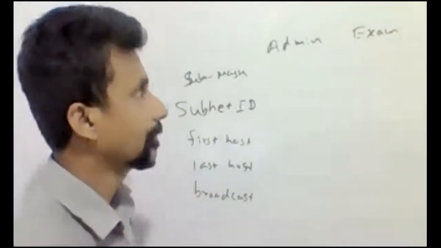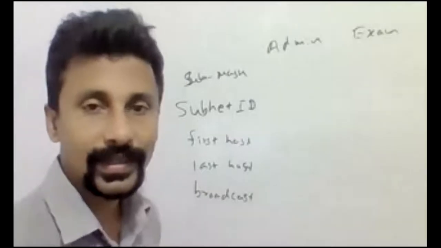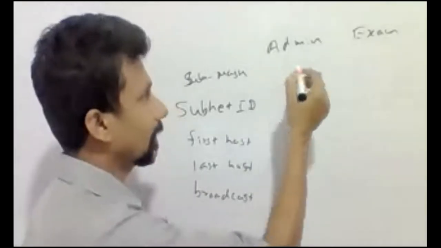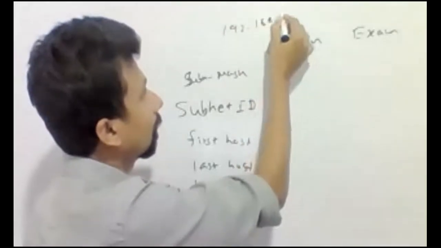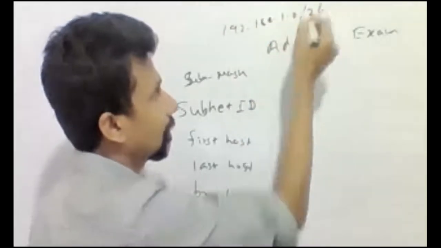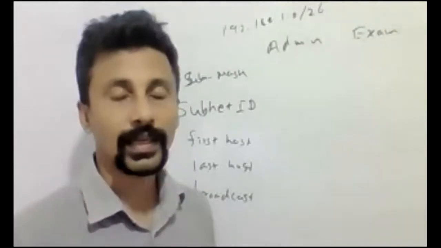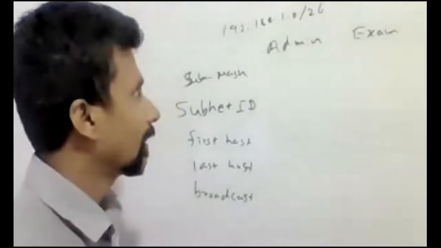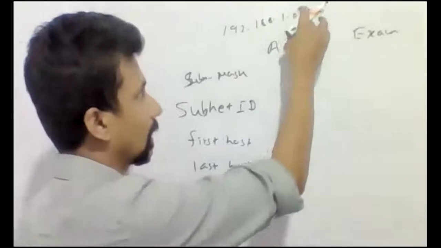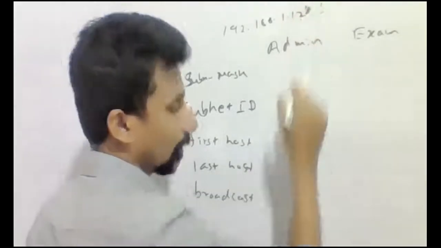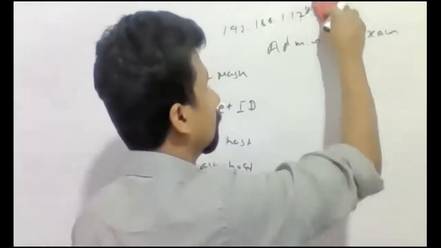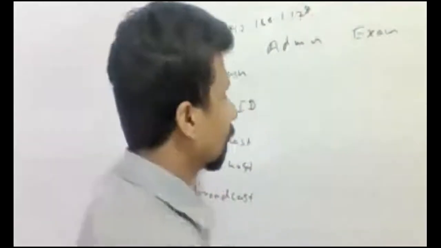At the moment, after creating the engineering unit, we have 192.168.1.0/26, taking two bits. So that network starts from 128 and goes until 191.